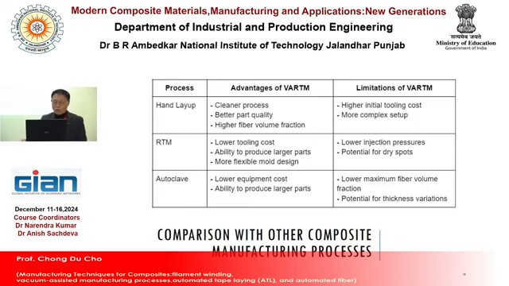And over autoclave, VARTM has the advantage of lower equipment cost. Autoclave is very expensive equipment. And there is the ability to produce a larger part. Autoclave is also used for curing larger parts, but in the VARTM case it is much cheaper, or an ordinary facility can be used.